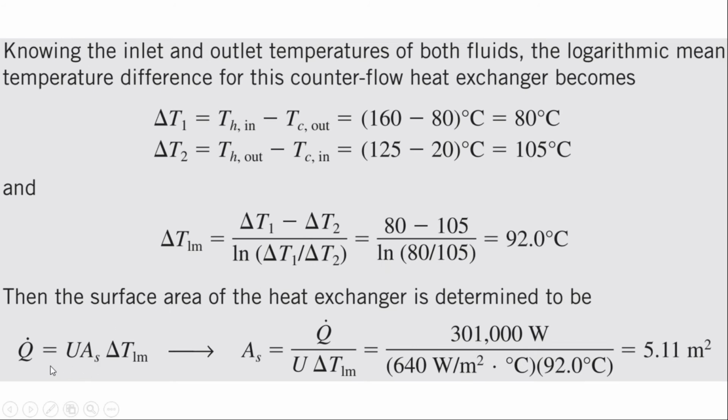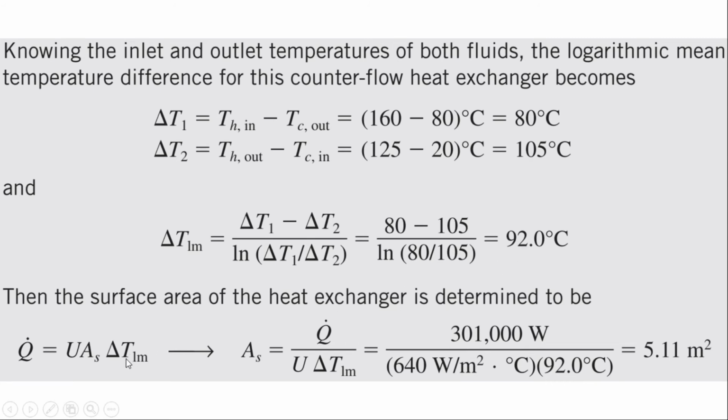This is the famous formula to determine the heat transfer rate. We have the Q value that we determined in the previous slide, that is 301 kilowatt, and the overall heat transfer coefficient is also given in the question statement, and the LMTD that we have just determined is 92 degrees centigrade.